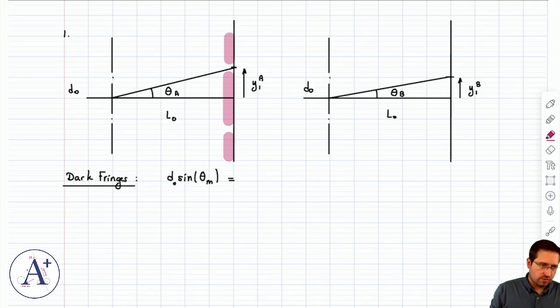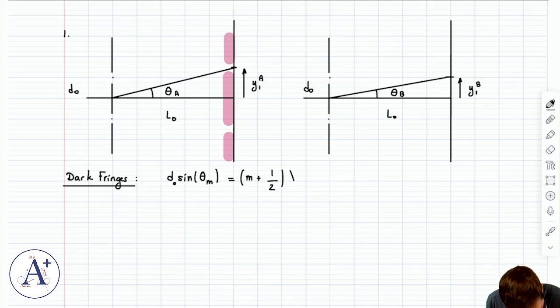So if you want to find where the first extinction is, this is really the first dark fringe. And so for dark fringes, D0 sine theta m is m plus 1/2 of lambda. And remember that it's lambda in this case, and it's lambda over n in this case.